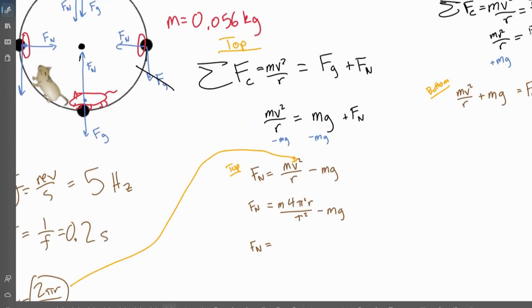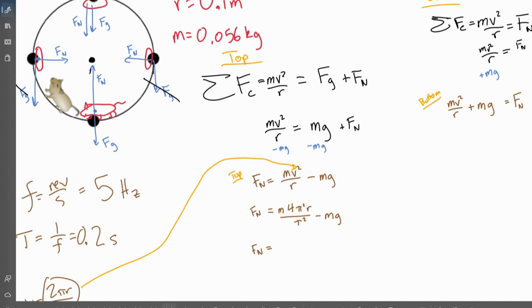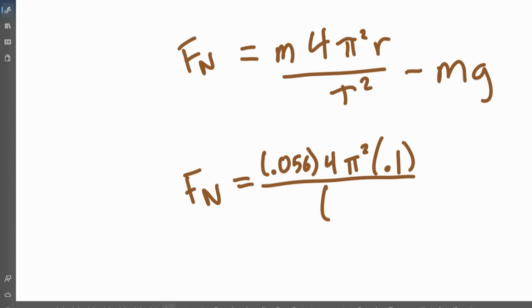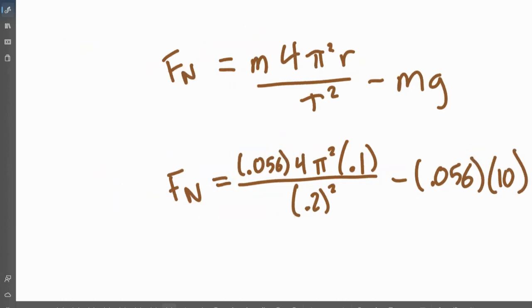Now we can just plug in all our numbers. Mass is 0.056, radius is 0.1, t is 0.2. So mass 0.056 times 4 pi squared r, 0.1, over t, 0.2 squared, minus mass 0.056 times g, which is 10.